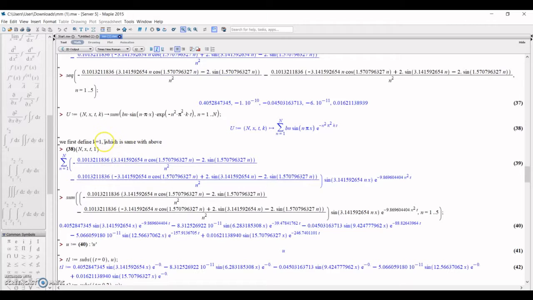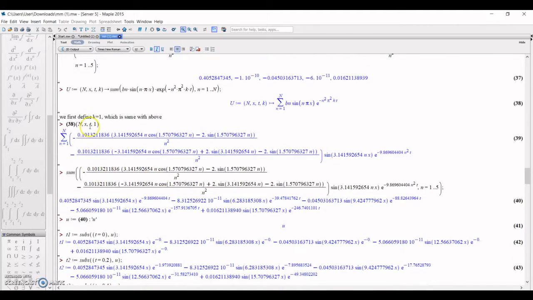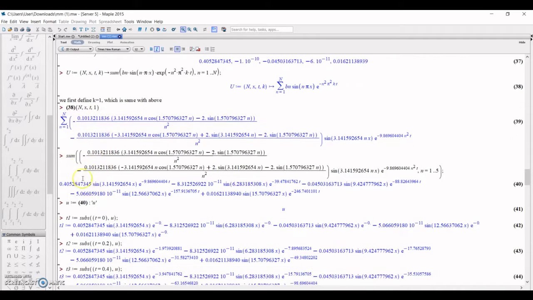Now we substitute k equals 1 into this equation, and we get this. After this, we need to sum the first 5 terms of this summation. So the coding is sum, and copy this whole thing inside the bracket, with n equals 1 to 5. Then this is the summation of the first 5 terms.